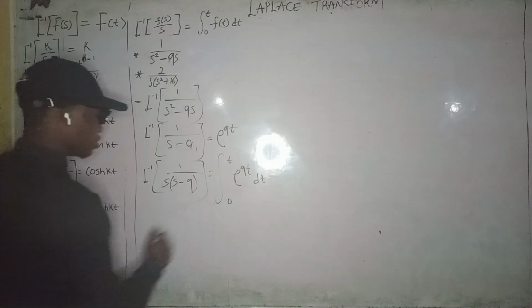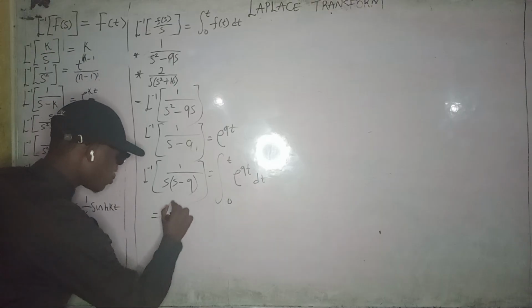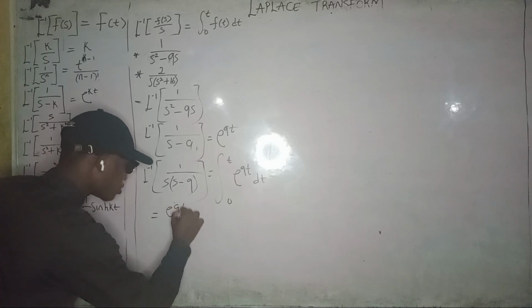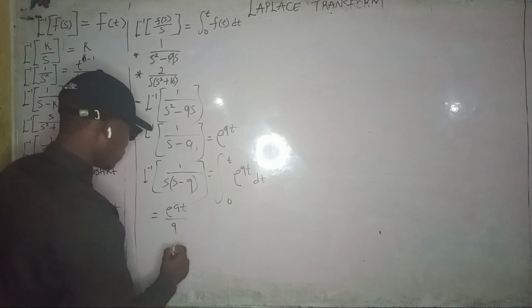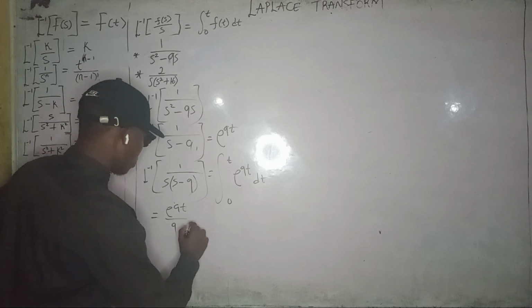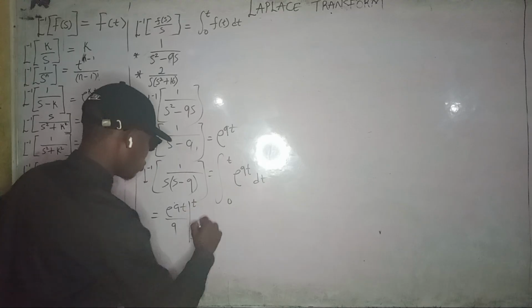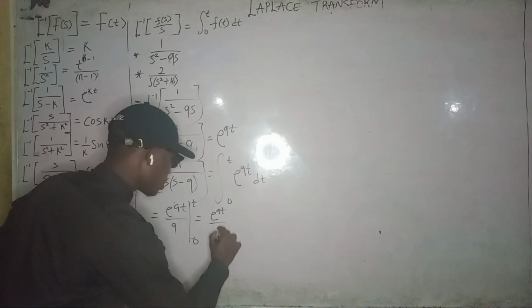dt. And this is going to give us, if we integrate e raised to power 9t, we have e raised to power 9t over 9. So therefore we are going to be having this evaluated from 0 to t. So the first one will be e raised to power 9t over 9.